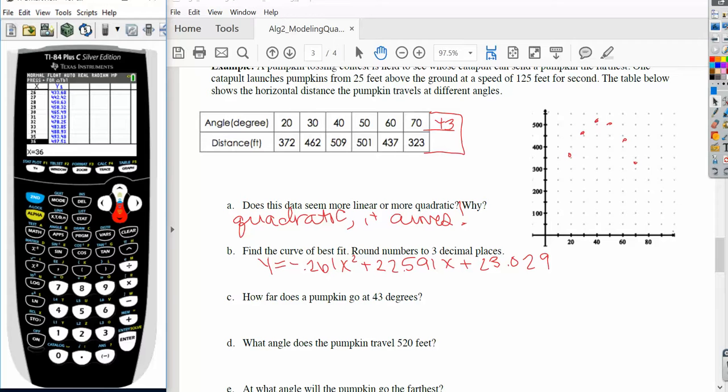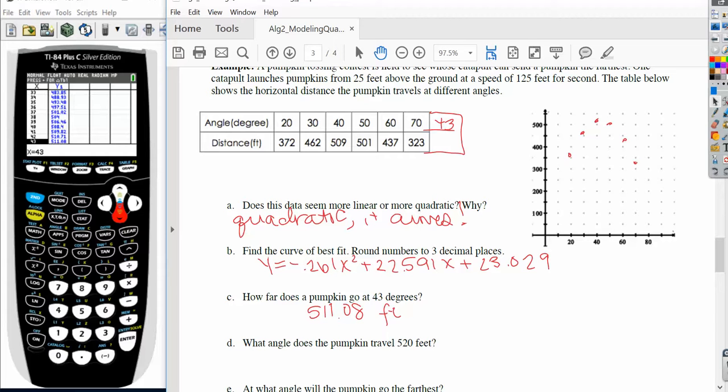Let's keep going, 10 more. 43. Finding 43, and I get 511.08. So if I were to throw a pumpkin at 43 degrees, it will go 511 feet. I wonder if any of you have ever done this before, because I have not.